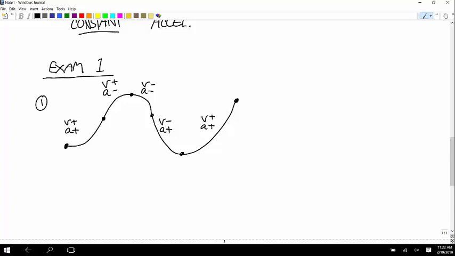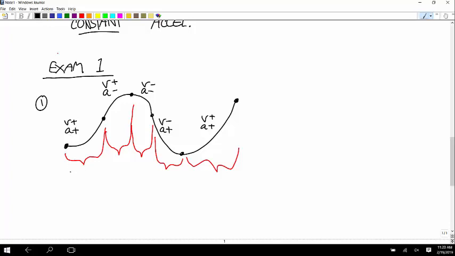And now you have everything right in front of you. You can sort of read the things off. Okay, so this first region, velocity is positive, acceleration is positive.